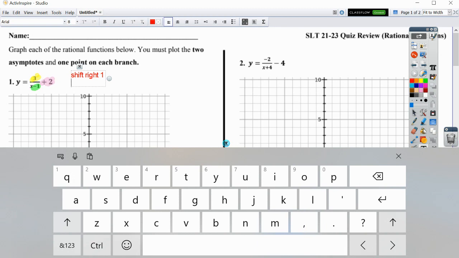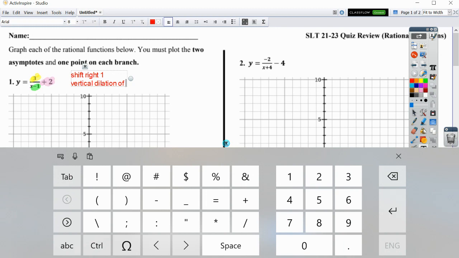Now that that's my only horizontal transformation, I can go on to the vertical ones. So I have a dilation and a shift. With vertical transformations, I need to make sure I go in the order of PEMDAS. Dilations are like multiplying, and then shifts are like adding or subtracting. So multiplying comes first in PEMDAS. So my vertical dilation of 3 is going to come next.